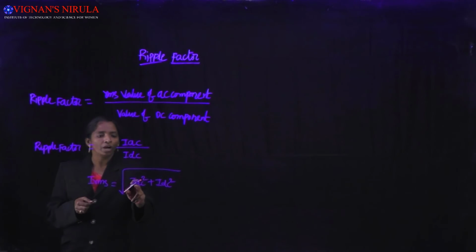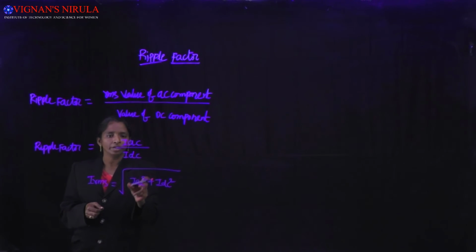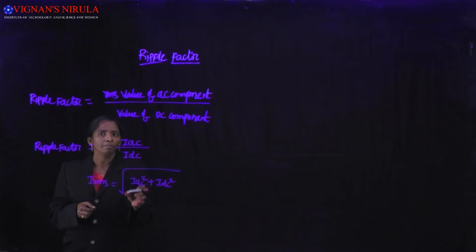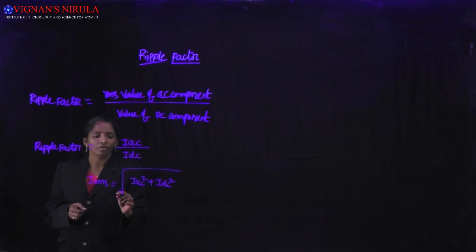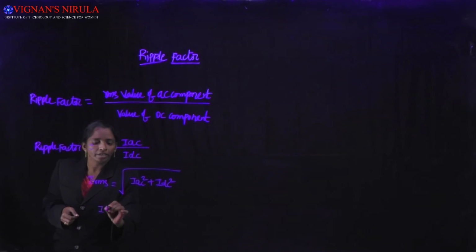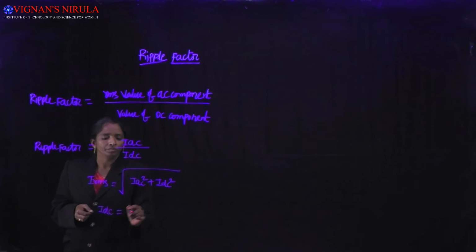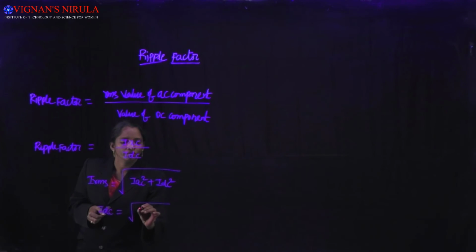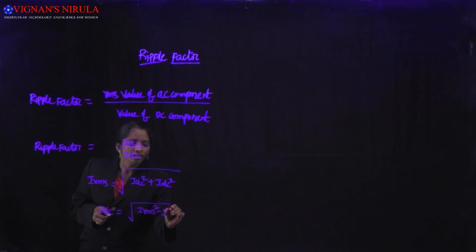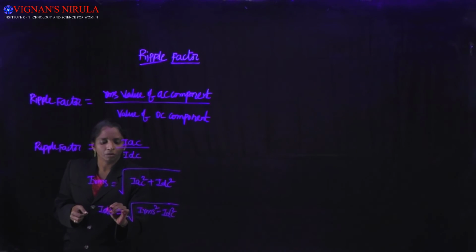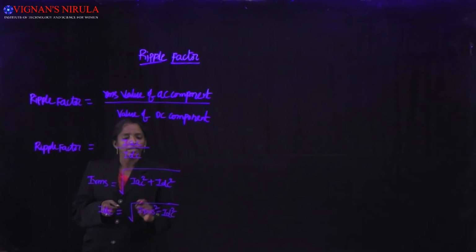From this we want the amount of ripple, or the amount of AC component, present at the output of the rectifier. For that we want IAC, which equals the square root of IRMS square minus IDC square.